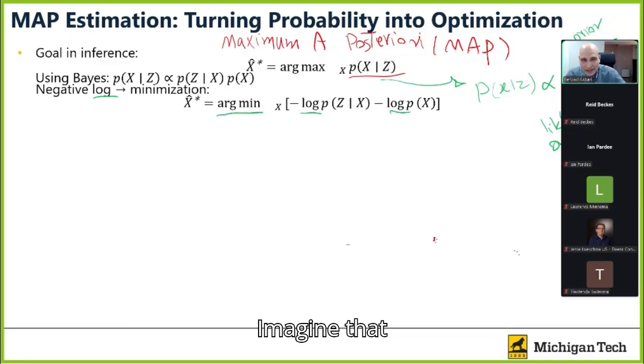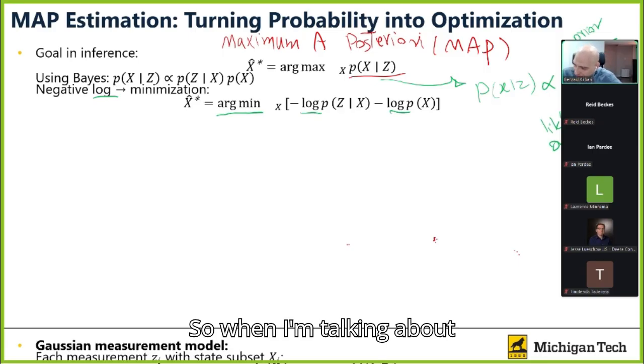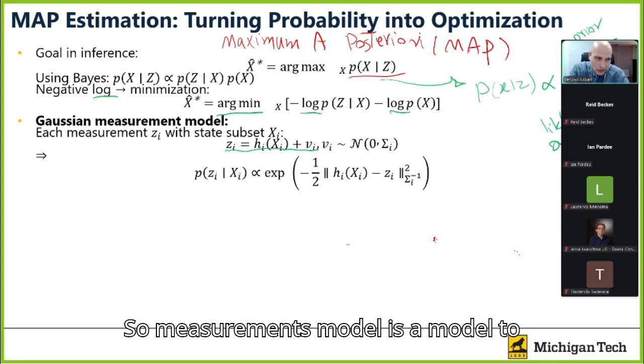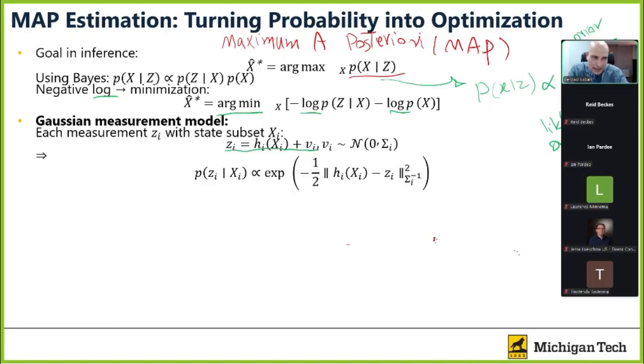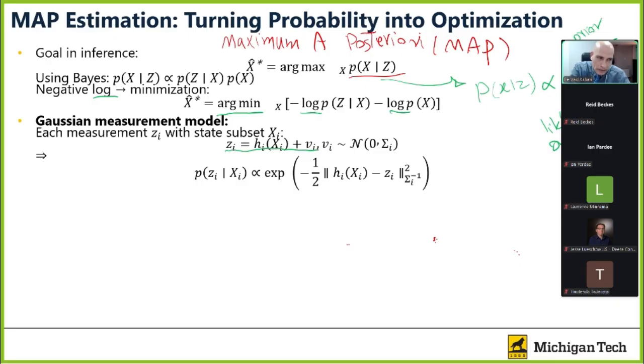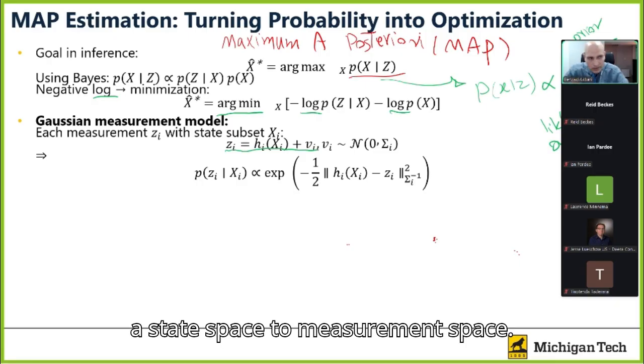Imagine the likelihood is Gaussian, or the prior is also Gaussian. So if we consider the measurement model, this is the model to explain how we translate from state space to measurement space.